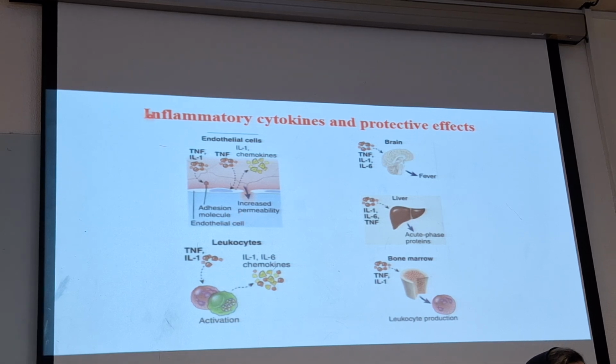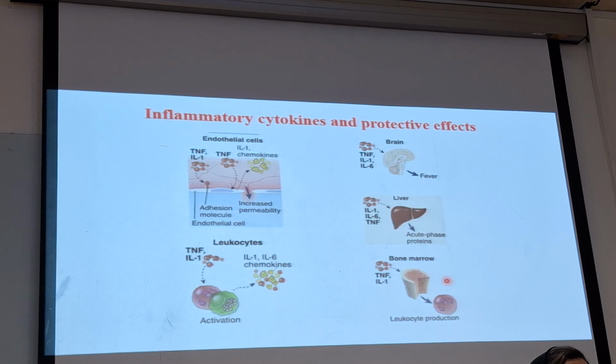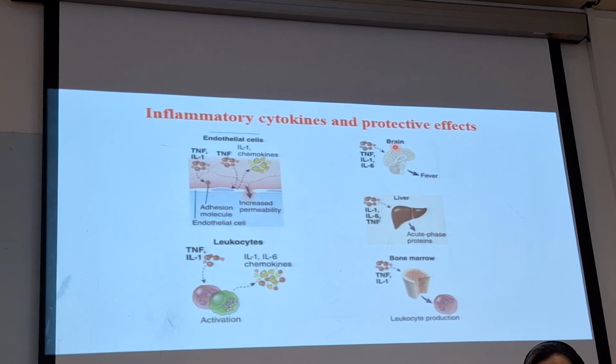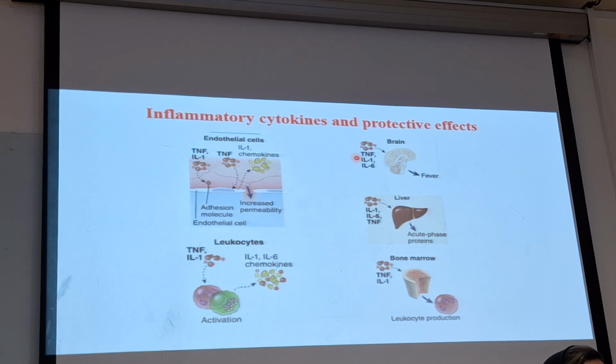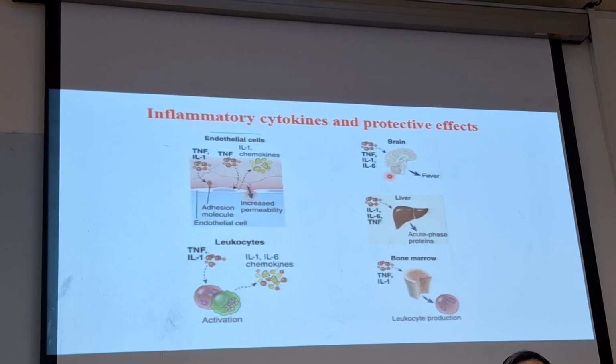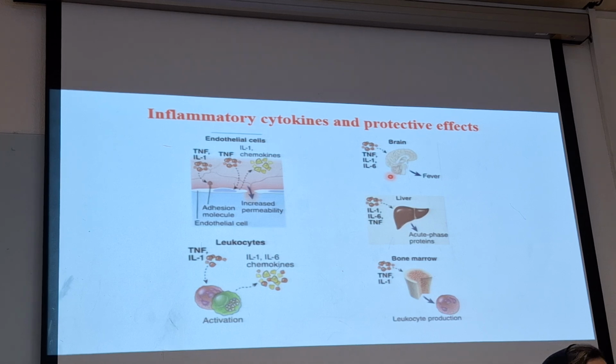But this is a local effect of inflammation, and there are also some systemic effects of inflammatory cytokines that are beneficial for us. Sometimes these cytokines enter the blood circulation, and they affect our brain and lead to fever.